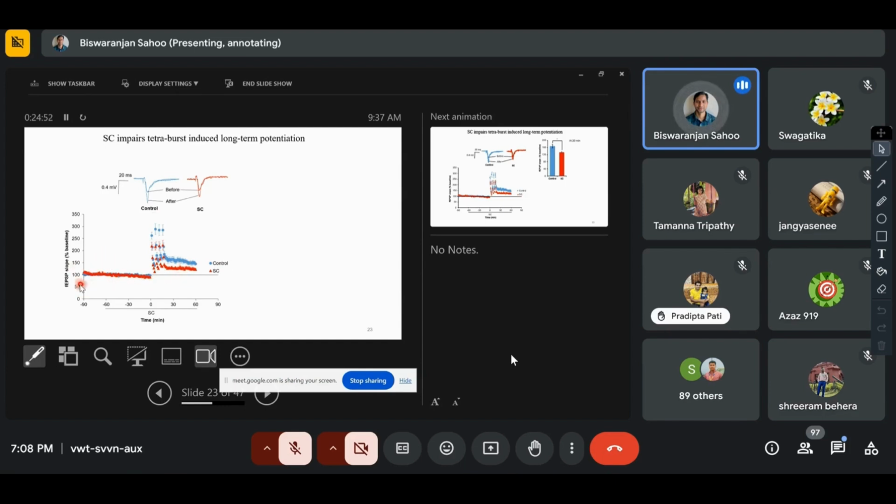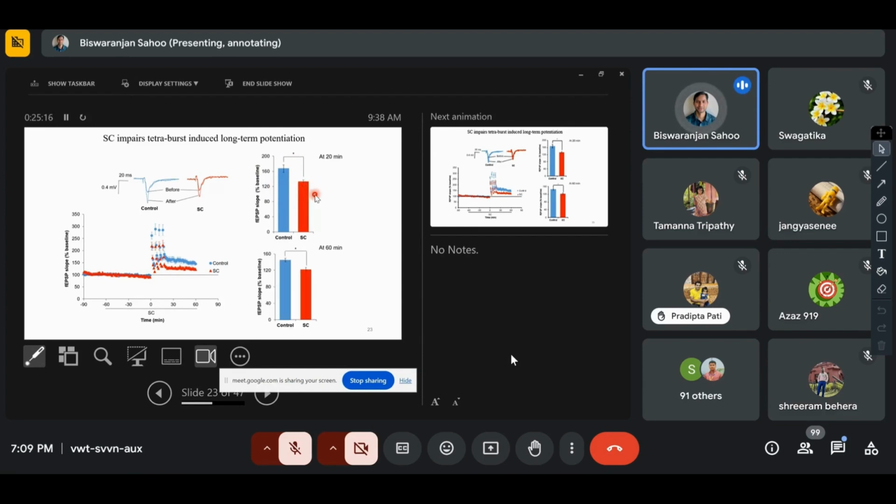This is the baseline as a percentage. If the control baseline is 100%, how much increase is there after the stimulation? At 20 minutes we recorded about 160% LTP induction in the control, but in the sodium chlorate it is less than 130.